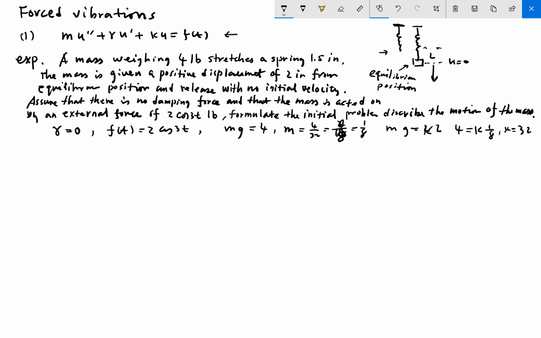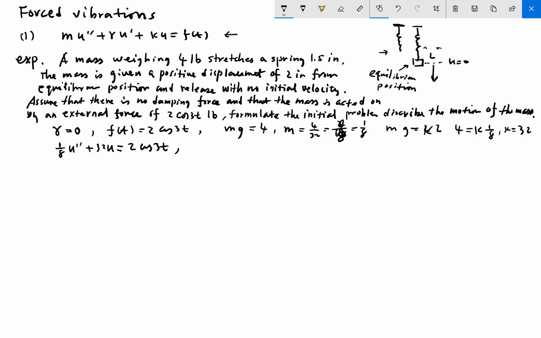Alright, now we have our equation. m here is 1 over 8, u double prime, and gamma is 0, plus 32u equal to the external force, which is 2 cosine 3t.